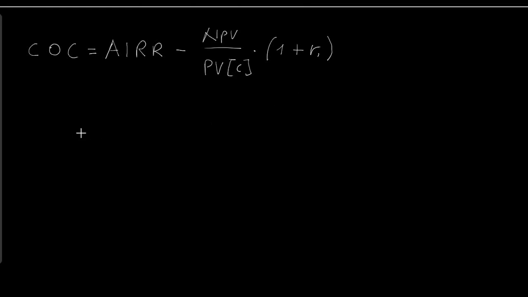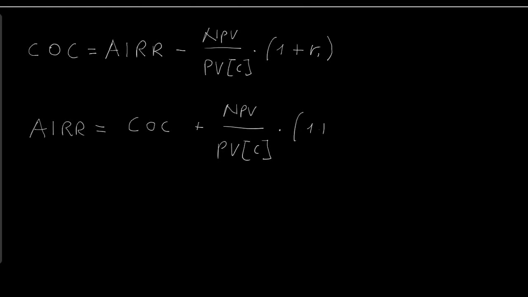Evidently, we can also write that the project rate of return, the AIRR, is equal to the cost of capital plus the NPV per unit of capital multiplied by 1 plus the first period cost of capital.